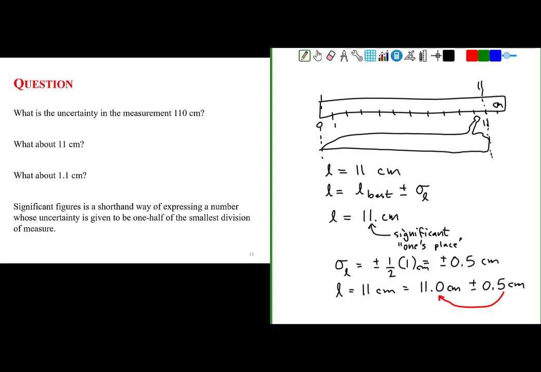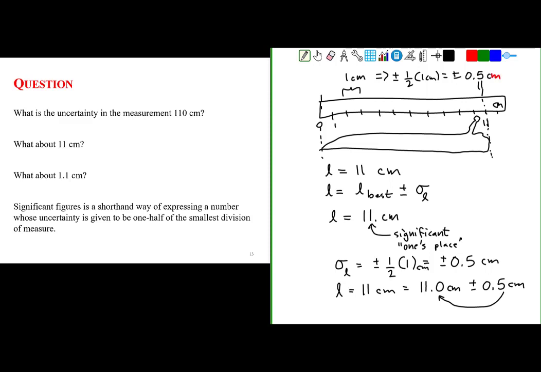However, because of our measuring device, we're only able to measure reasonably to the nearest smallest division of measure. And in this ruler, our smallest division of measure is 1 centimeter. And so we would measure our uncertainty to be plus or minus 1/2 that smallest division of measure, which is 1 centimeter. So plus or minus 1/2 of 1 centimeter is half a centimeter.